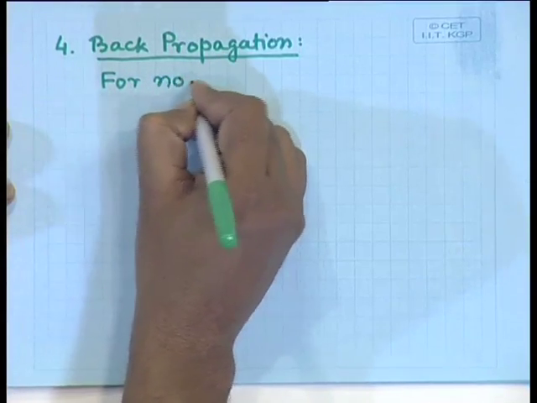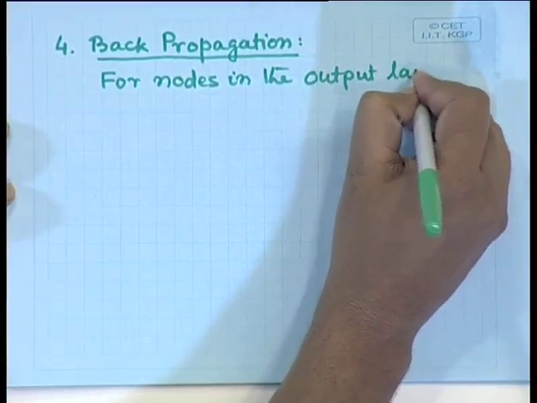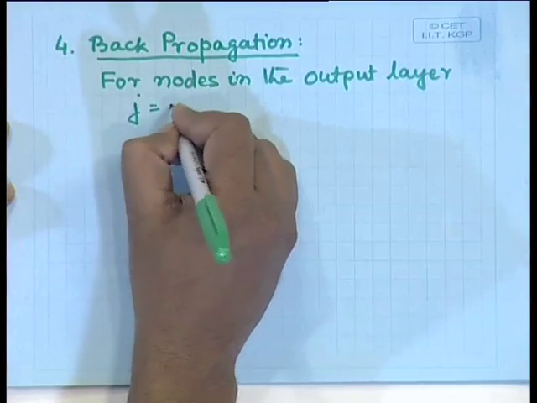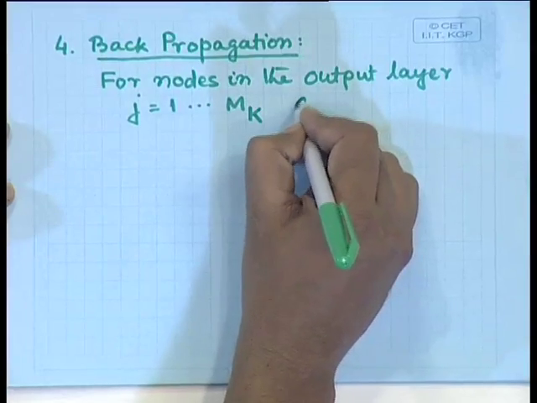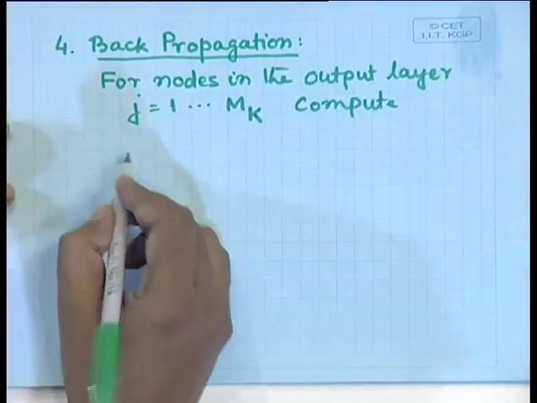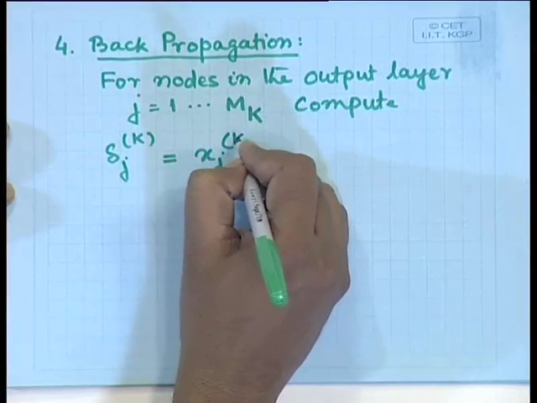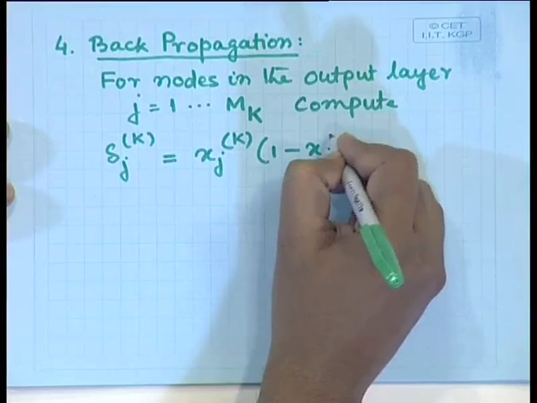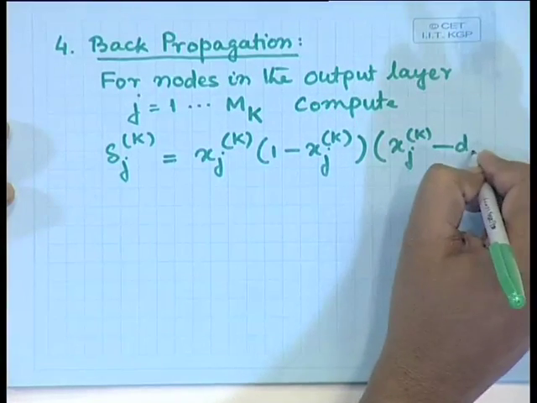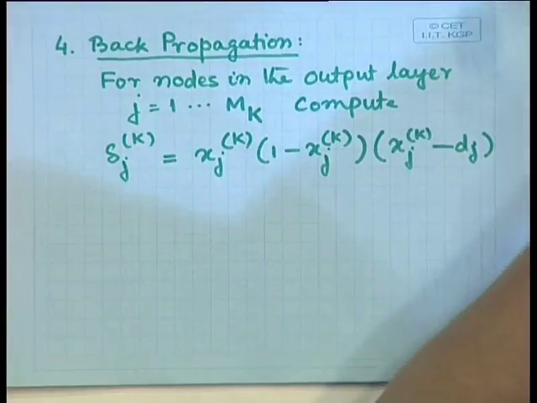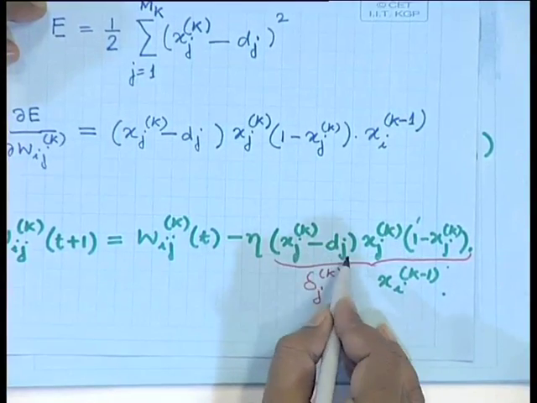So, for nodes in the output layer, that is j equal to 1 to m_K, where this K is capital, I have to compute delta_j^K, which is equal to x_j^K into (1 minus x_j^K) into (x_j^K minus d_j), which is exactly the same as this term. Okay. x_j^K into (1 minus x_j^K) into (x_j^K minus d_j).